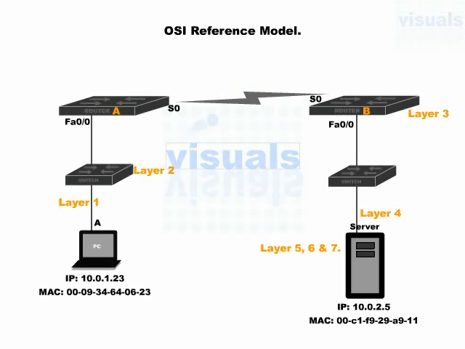Sorry, wrong image. Now we are on the right image. This server belongs to the service which is requested by the user. Layer 7, layer 6 and layer 5 are performed by this server.